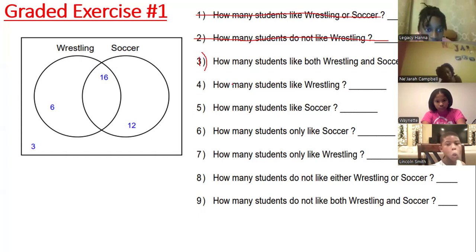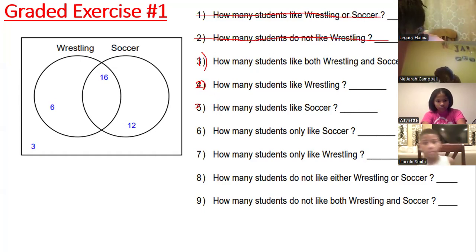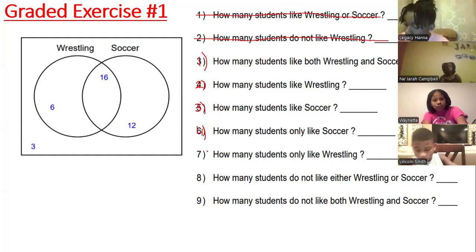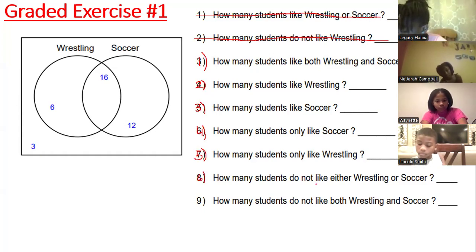Number 2: how many students like soccer? Number 3. Number 4. Number 5: how many students like only wrestling? Number 6: how many students do not like either soccer or wrestling?